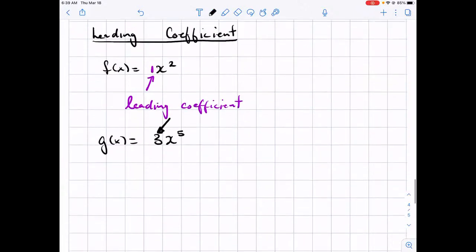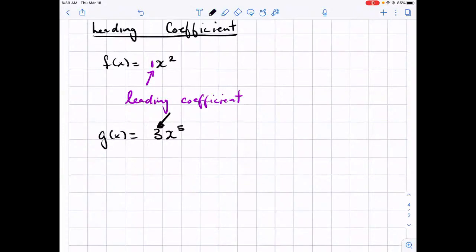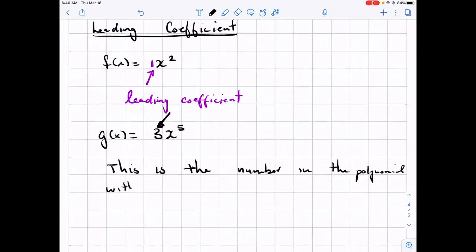It is the number in the polynomial with the term of highest degree.